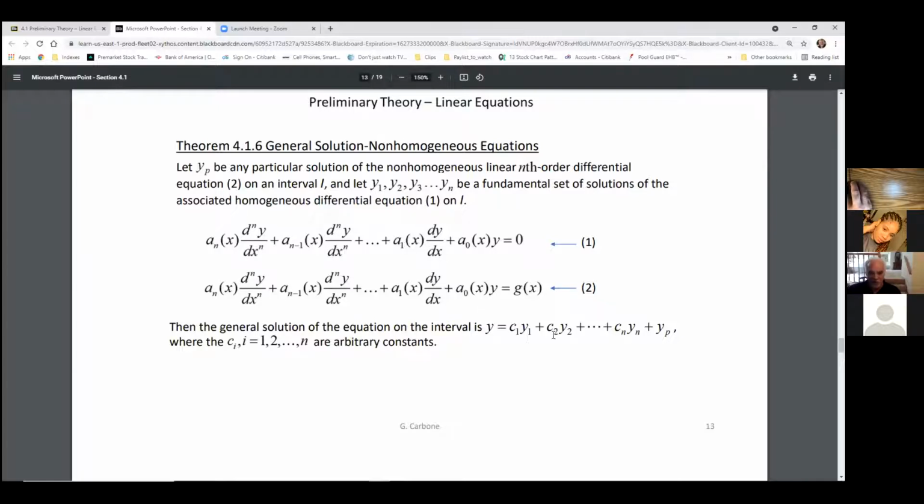This is telling us that we add. It's a linear combination. In other words, the solution to the non-homogeneous differential equation is the solution to the homogeneous differential equation, the y1, the y2, up to the yn, plus the particular solution. So this here is the total solution.